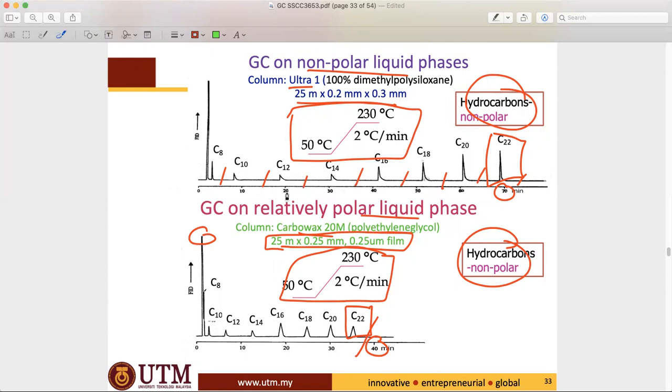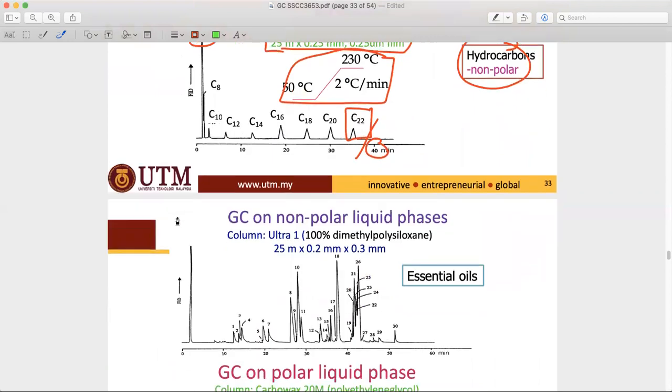So you need to find something in the middle, having a good separation, having a good concentration of your analytes, and also saving time. Okay, you need to find something in the middle in this case, because this is 100% non-polar, this is 100% polar, so you need to find something in the middle.